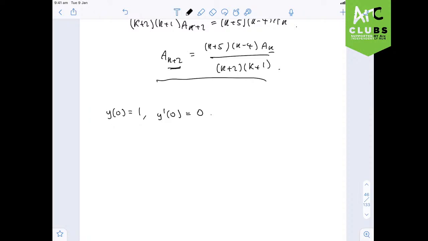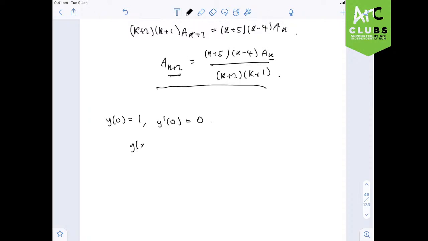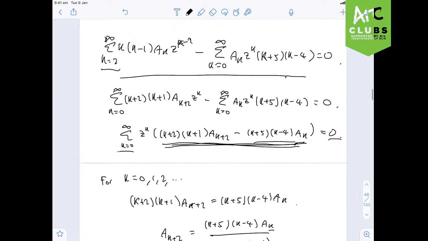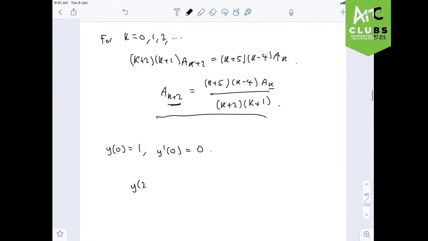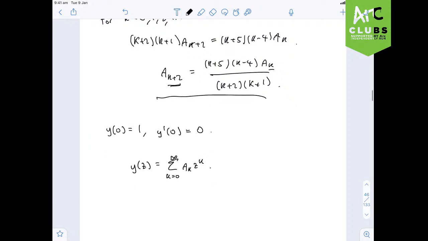And since y of z equals the sum of a_k z^k, this is kind of like a Taylor series. The first two terms are kind of the derivatives. So we get a0 equals 1, and a1 over 1 factorial is 0.